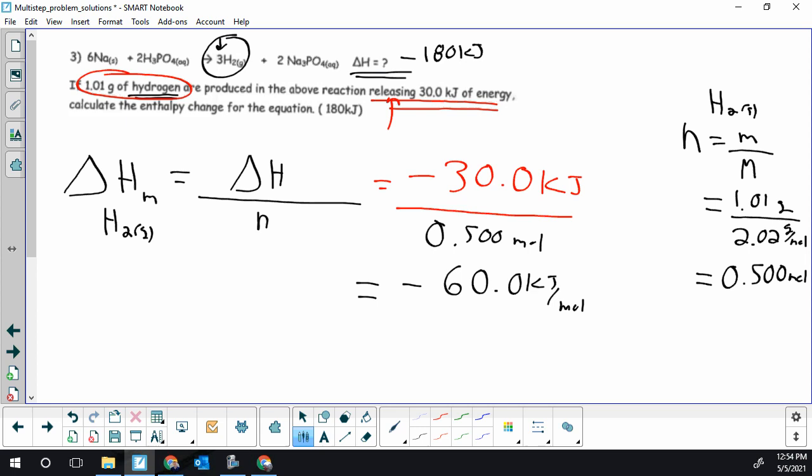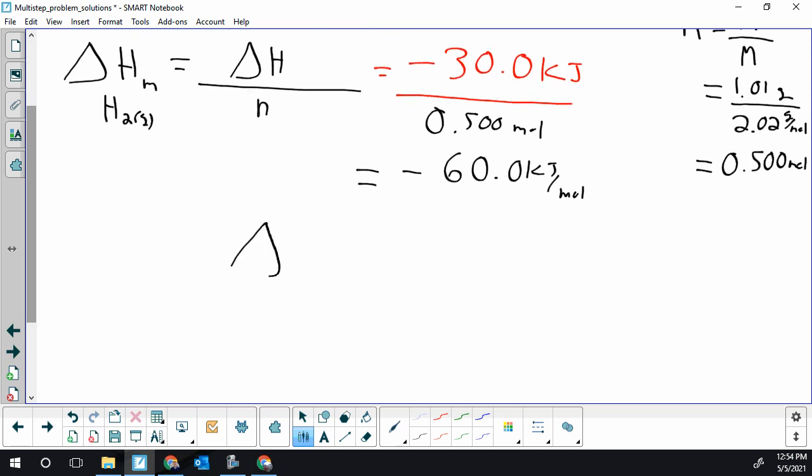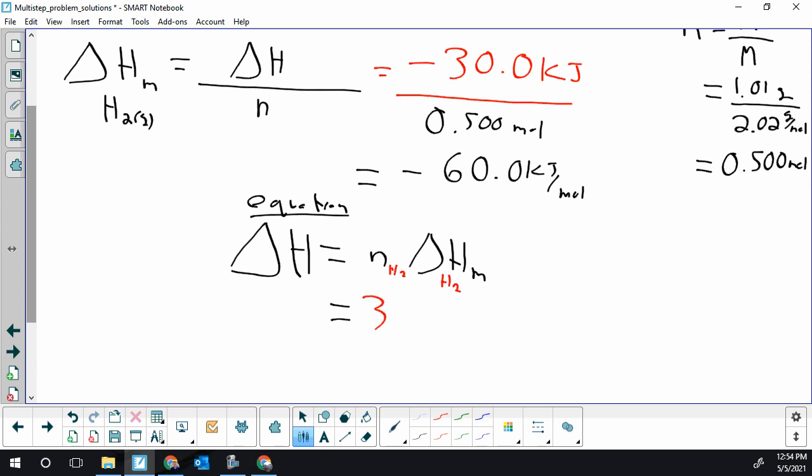So I did that without a formula. Using a formula, the enthalpy change for our equation, I'm going to determine by moles and a corresponding molar enthalpy. Now we have this data for hydrogen, so moles of hydrogen and molar enthalpy of hydrogen. It's key that those are the same chemical and the same circumstance. So we have 3 moles in the balanced chemical equation.